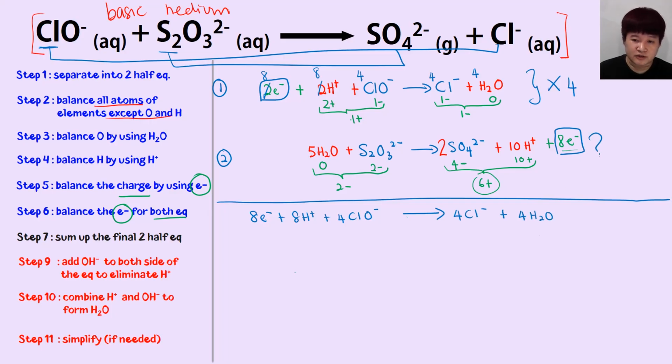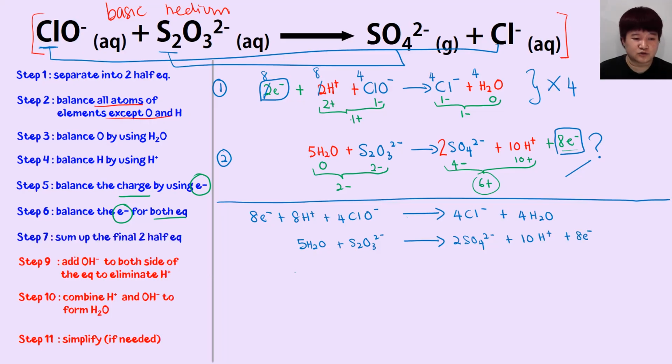Any changes to the second equation? No. So we just copy them. 5 H2O and S2O3 2 minus, 2 SO4 2 minus, and also 10 H plus, last but not least, 8 electron.